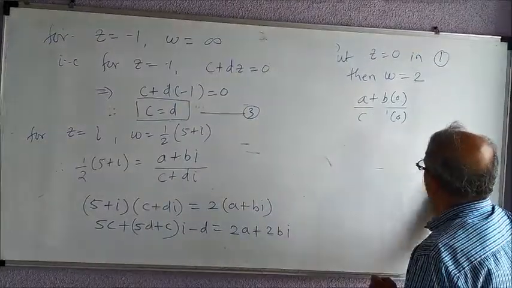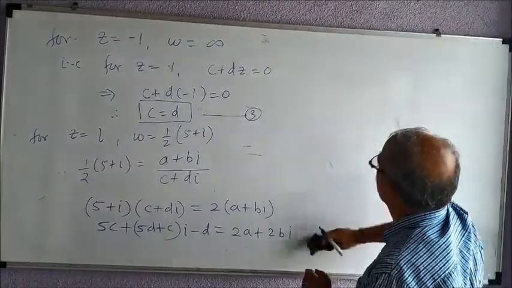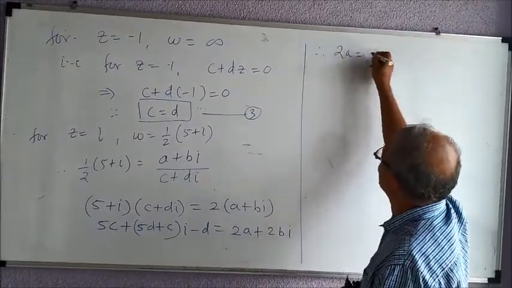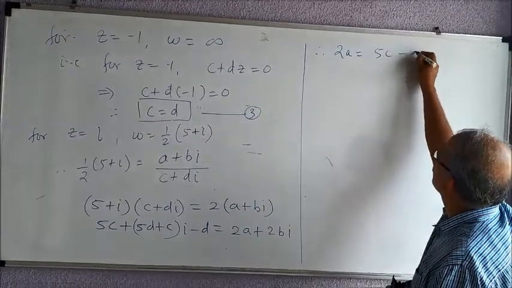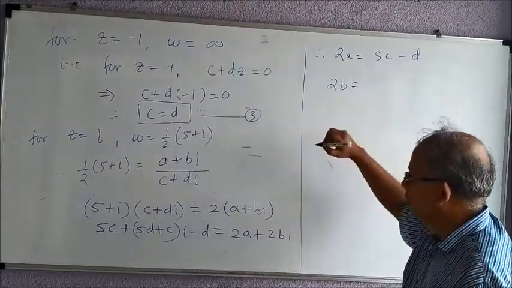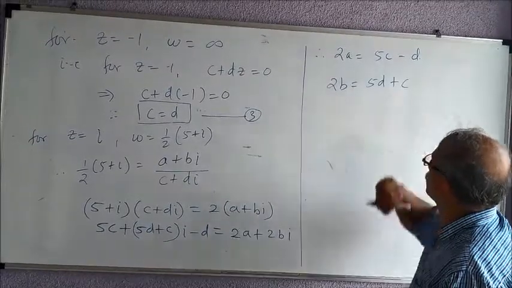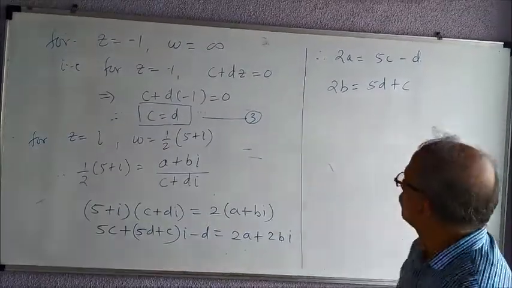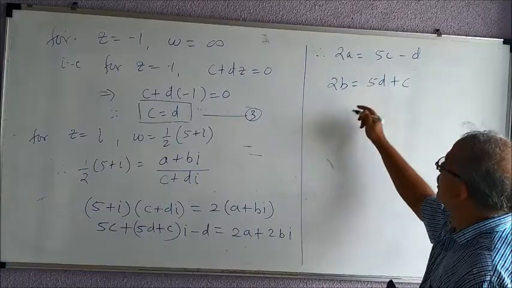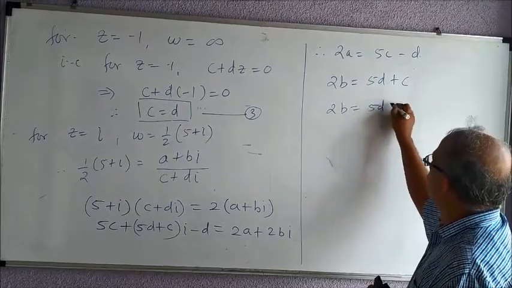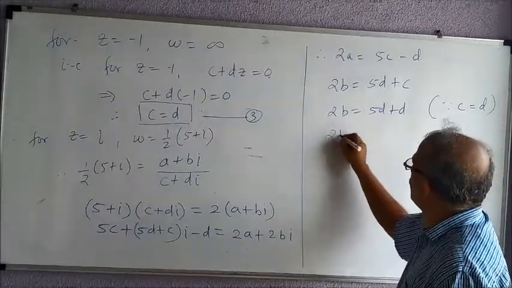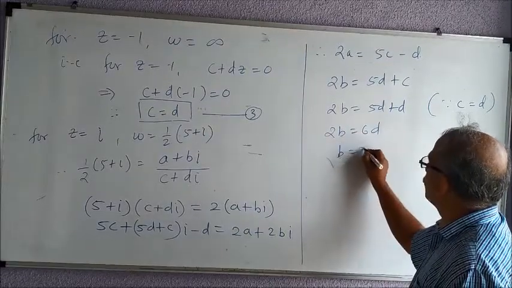What we will get is 2A is equal to 5C minus D, and 2B is equal to 5D plus C. Okay, so now this gives me the relation, but remember that C can be replaced by D. So 2B is equal to 5D plus D, since C is equal to D. Therefore 2B is equal to 6D, so B is equal to 3D.